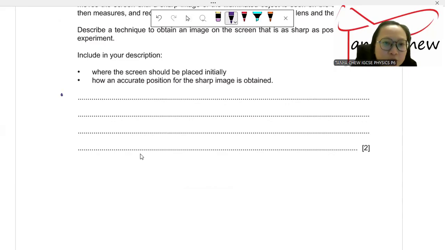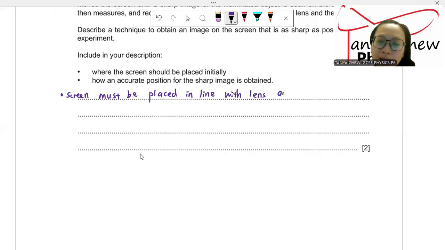I say that, okay, the screen must be placed in line with the lens and the illuminated object.